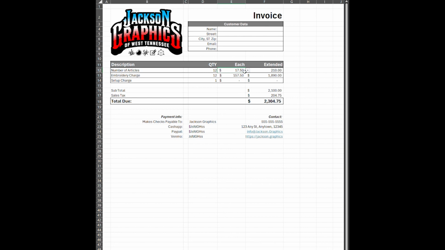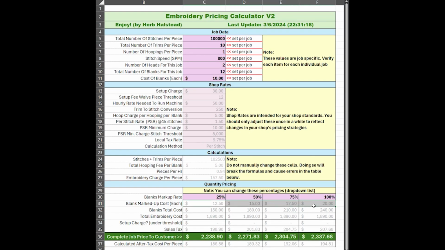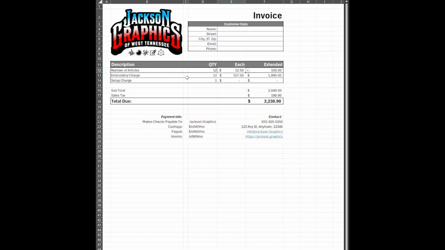This happens to be the 75% markup, or this is price based on the 75% markup. But if you pick that button, you'll see there's the 25, the 50, the 75, and the 100. So I could pick that one if I wanted, and it'll update those things. And it draws that information from this row in the table. Then let me get back to 75 because that's usually where I am.